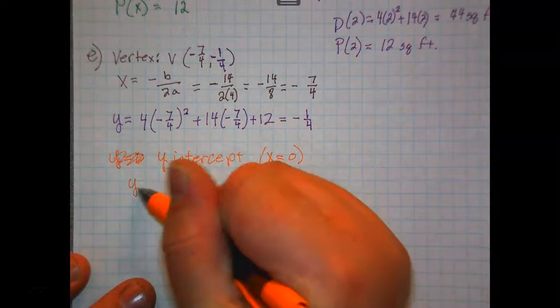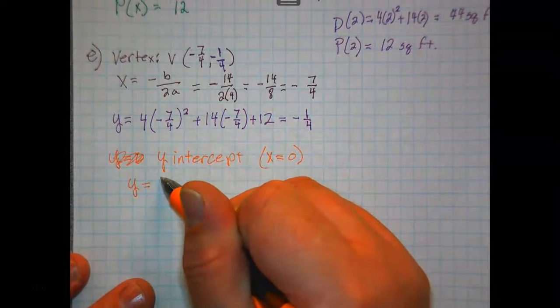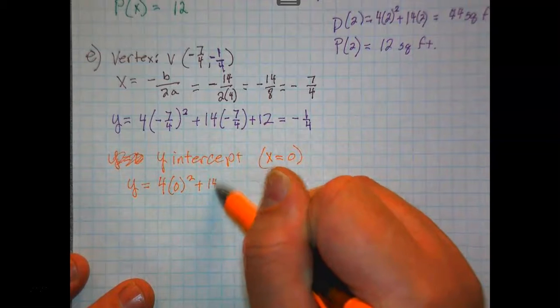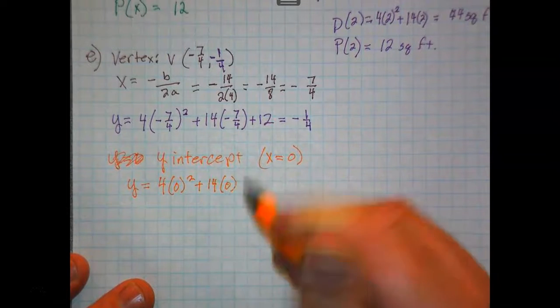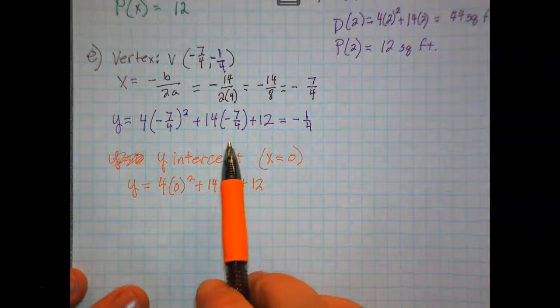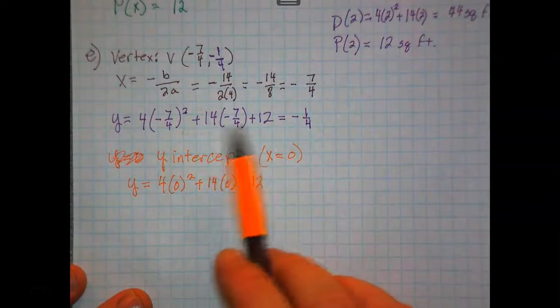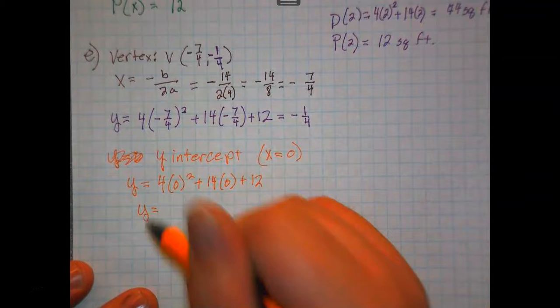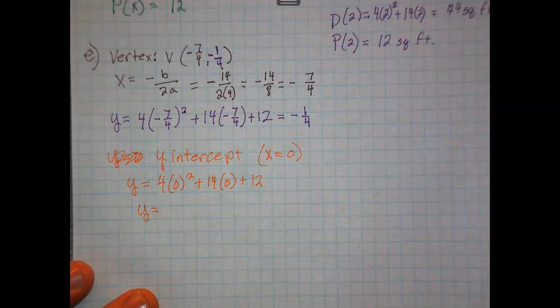So y equals 4 times 0 squared plus 14 times 0. So what's the y-intercept? Hey, what can we just do whenever we're figuring out the y-intercept in a quadratic equation? Yeah, it's the c. So there's an easy way to find the y-intercept.